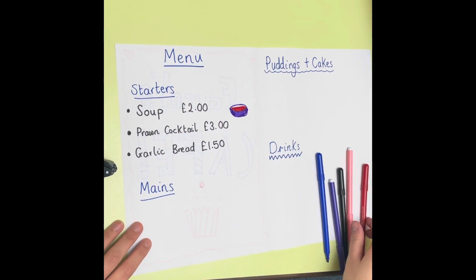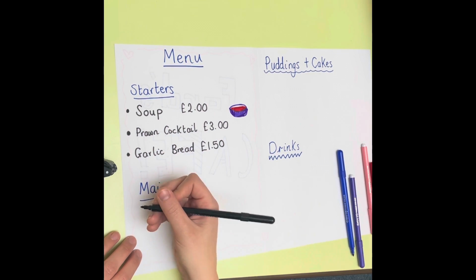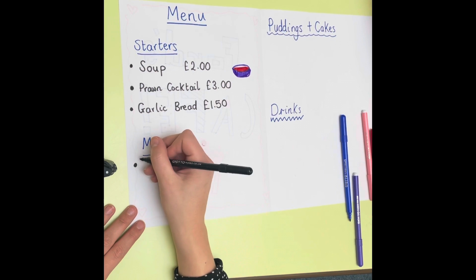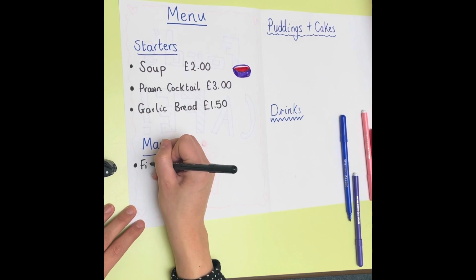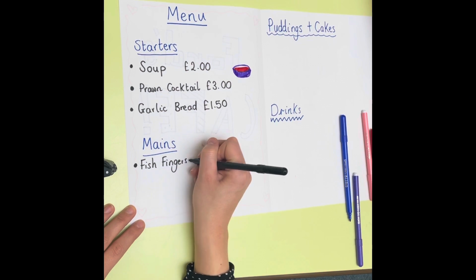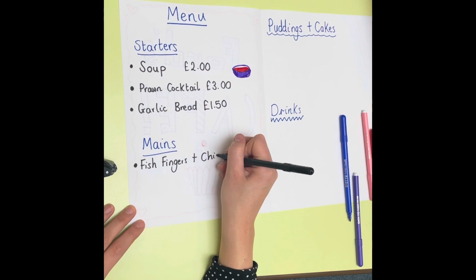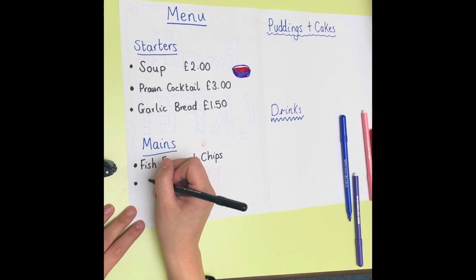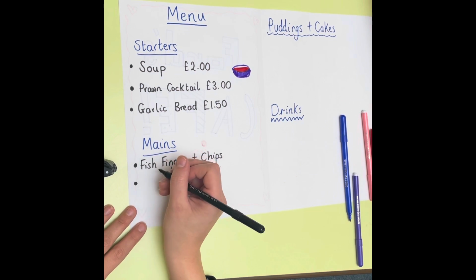There we go. Then you might go on to your mains, bullet points. So now we make a list with our bullet points. We might have fish fingers and chips. And Miss Ford is either going to go for a favourite pie or a favourite gammon.